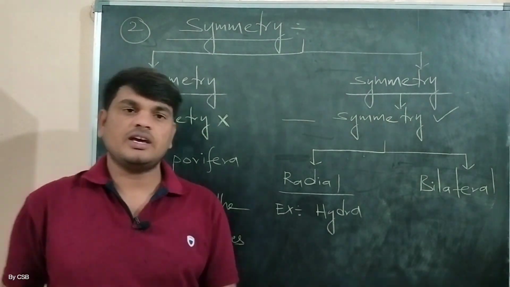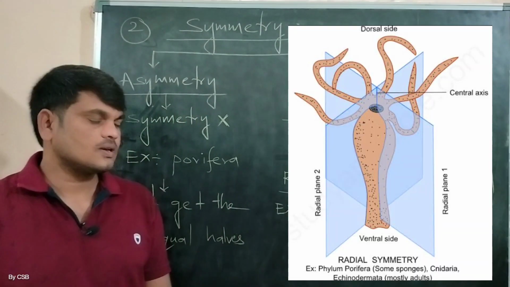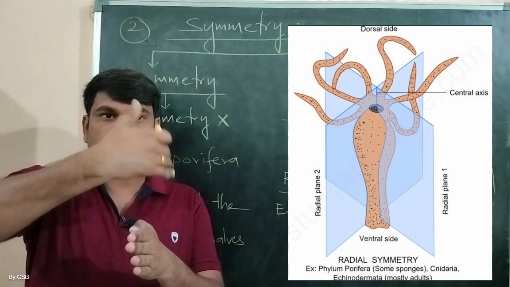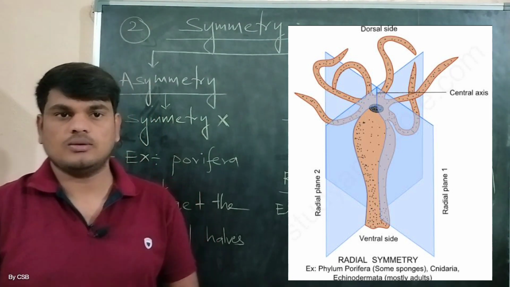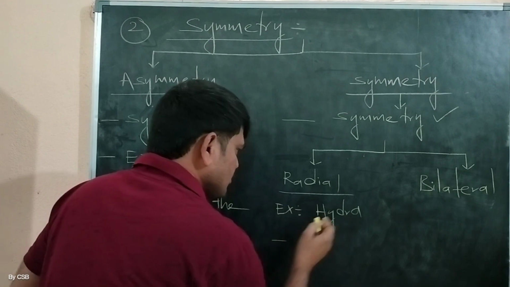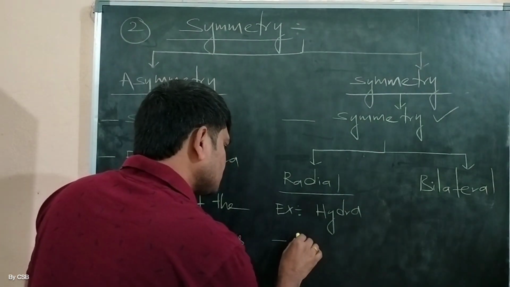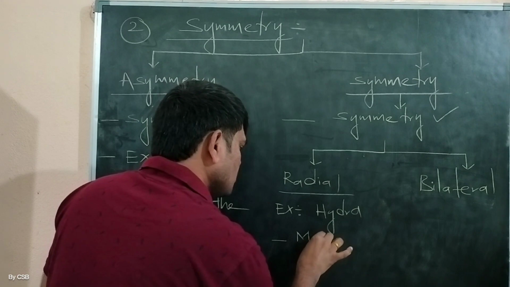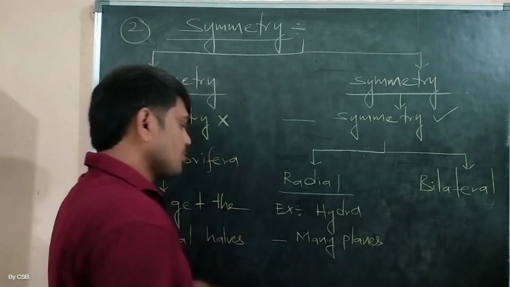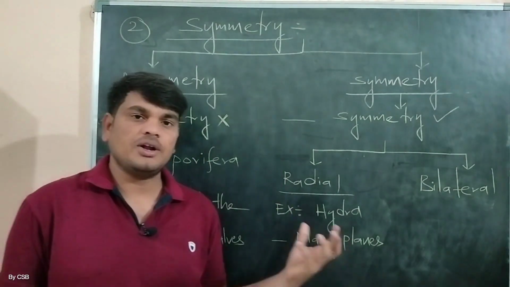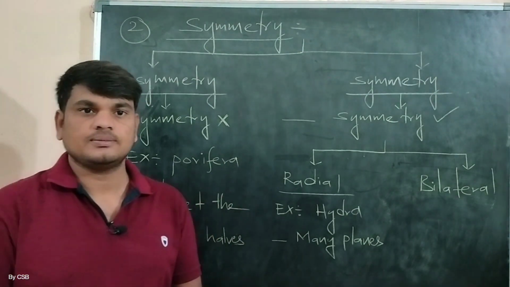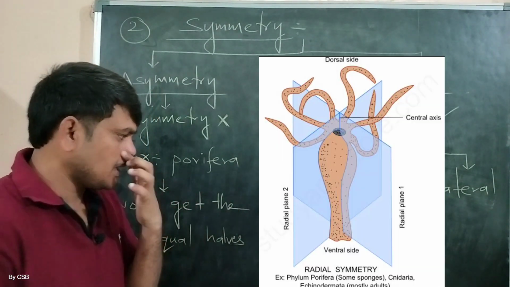You can observe the diagram of Hydra, where many planes can cut the organism into two equal halves. Many planes can cut the body of the organism into two equal parts. You can observe the diagram on screen.